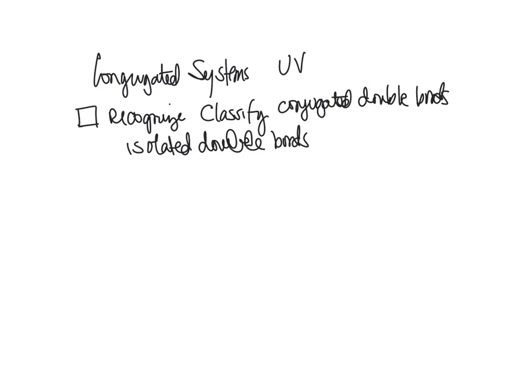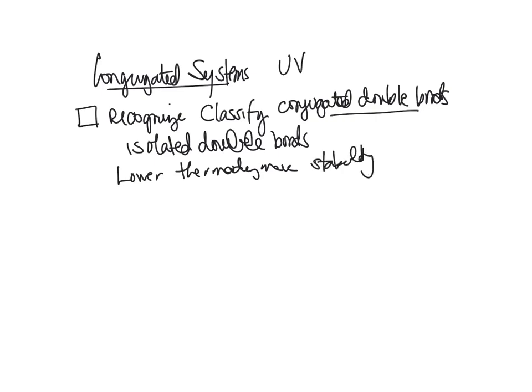And I will show you some graphs and some data that show that the conjugated double bonds and the conjugated systems have a lower thermodynamic energy stability. And then we'll talk about a few reactions in this chapter.